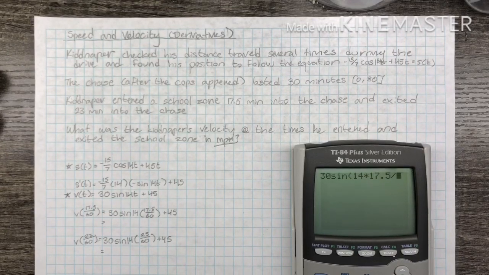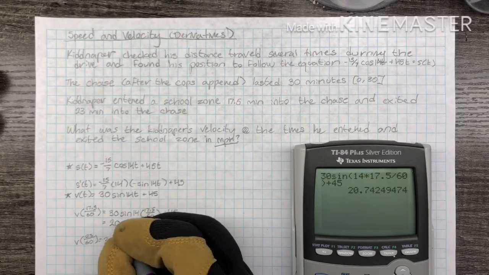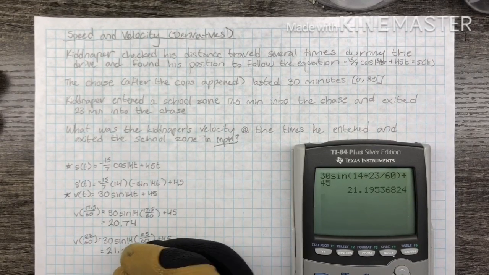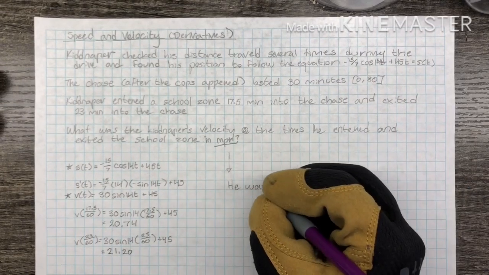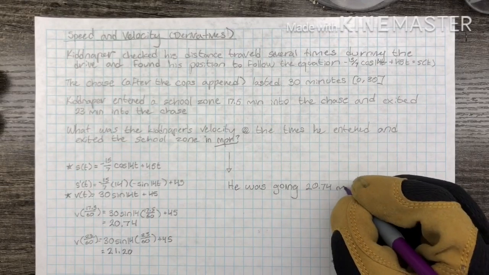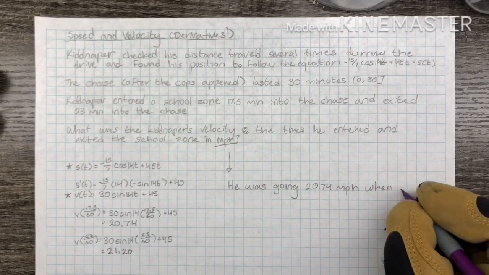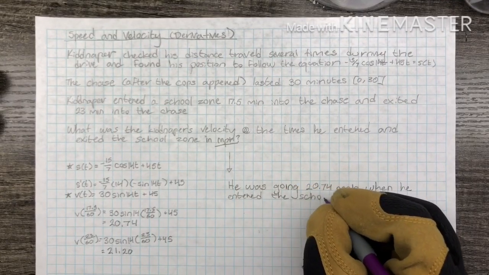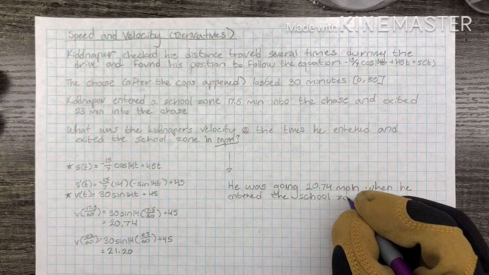Plugging in 17.5 over 60, we get that he was going 20.74 miles per hour, and plugging in 23 over 60, we get that he was traveling 21.20 miles per hour. So he was going 20.74 miles per hour when he entered the school zone and 21.2 miles per hour when he exited the school zone.